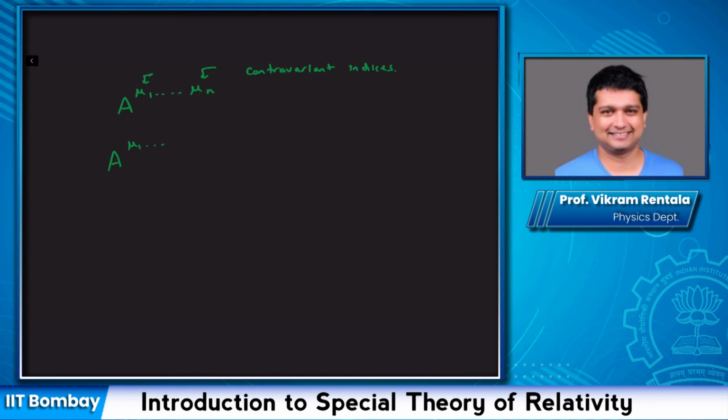For example, if I lower the kth index but keep the other indices raised, this can be related to the original A by something like this: G mu k nu k A mu1, and wherever I was supposed to have the mu k index, I put in a nu k index. So this lowers an upper nu k index to a lower mu k index.